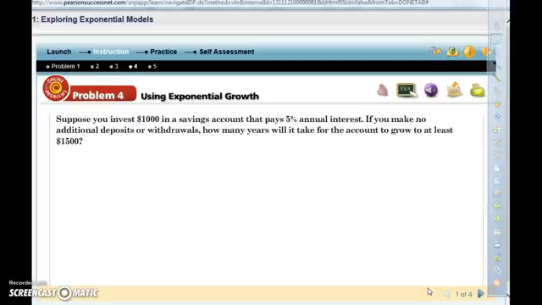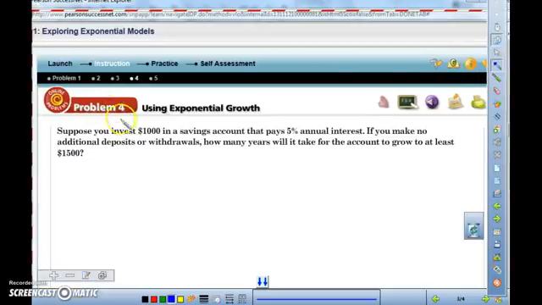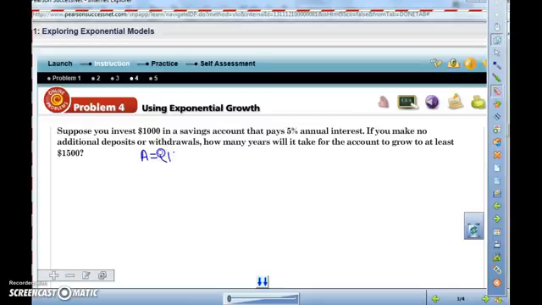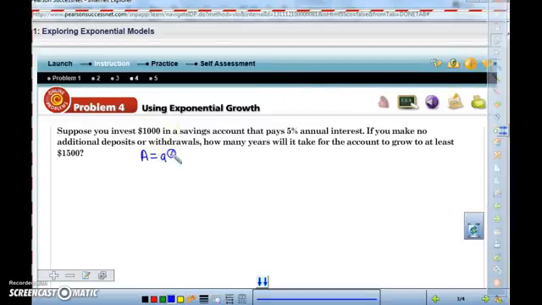Alright, suppose you invest $1,000 in a savings account that pays 5% annual interest. If you make no additional deposits or withdrawals, how many years will it take the account to go to at least $1,500? So for this one, I'm going to use that same formula. A, my initial amount.